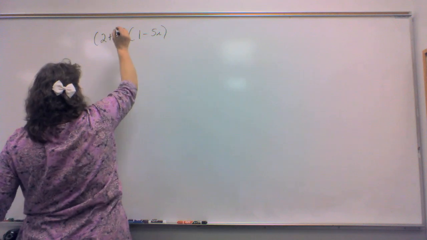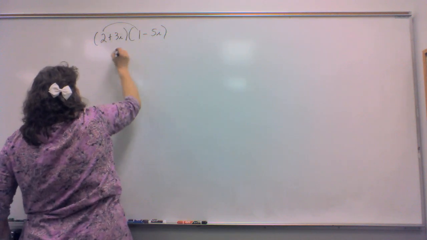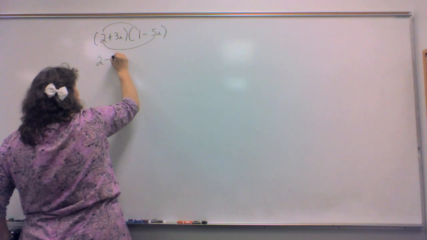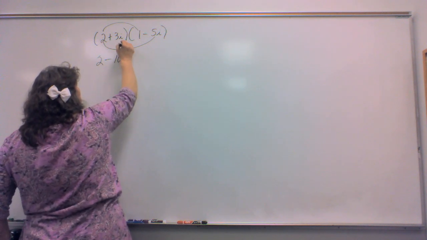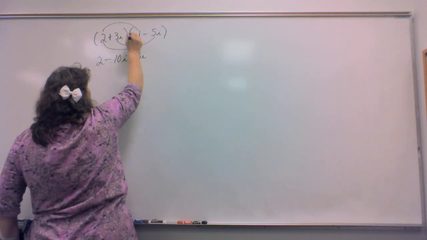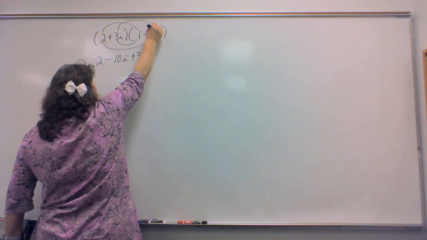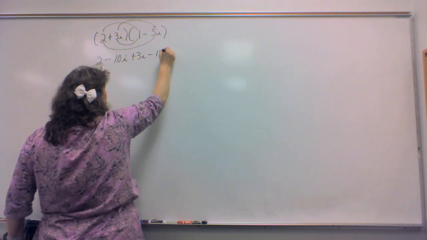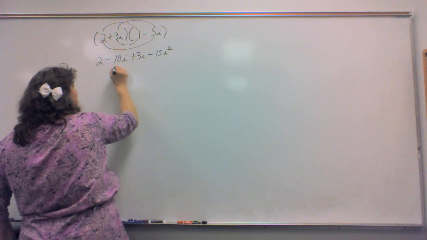Again, same thing. 2 times 1 is 2. 2 times negative 5i is minus 10i. 3i times 1 is plus 3i. 3i times negative 5i is negative 15i squared.